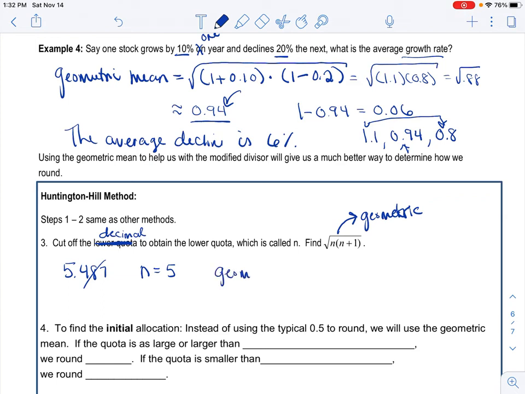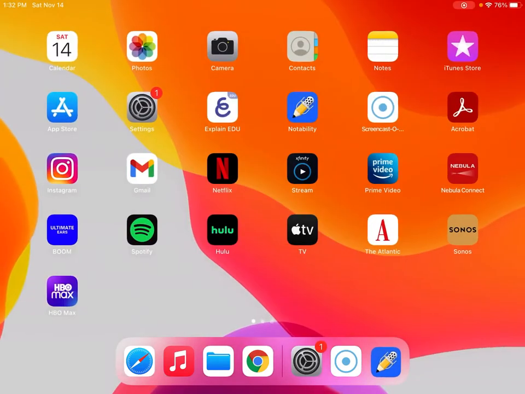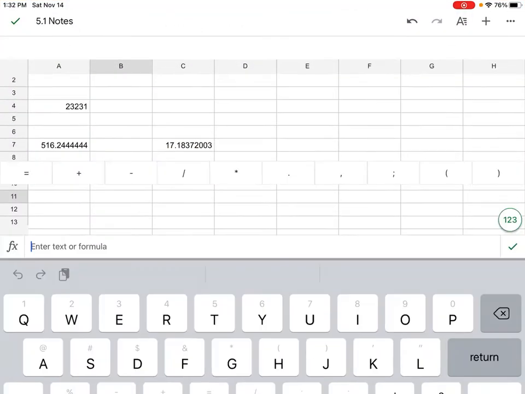How you find the geometric mean is the square root of 5 times 5 plus 1, so 6. So that's the square root of 30. You're going to need a calculator, and let me show you how to do that in your sheets.